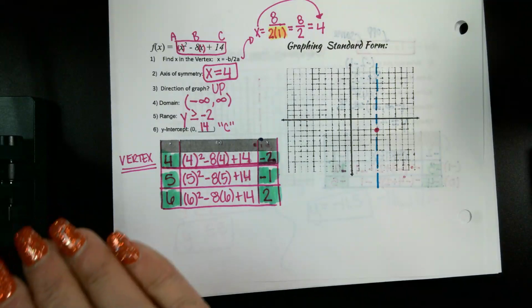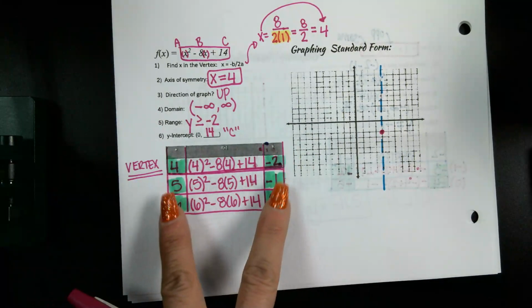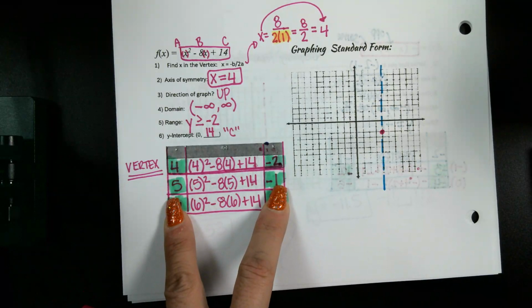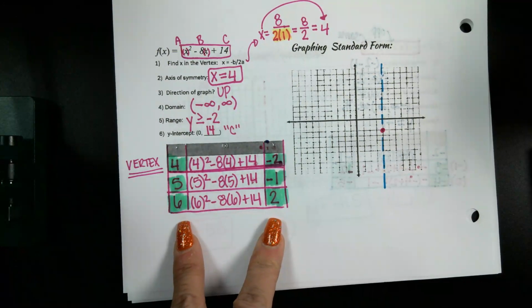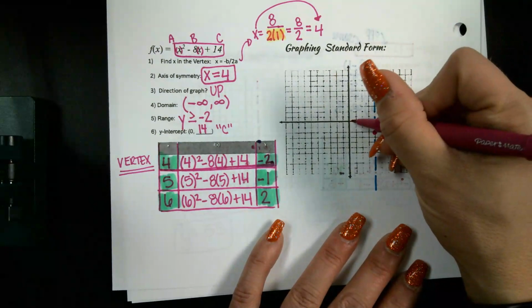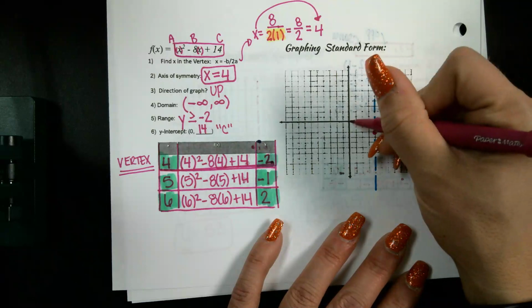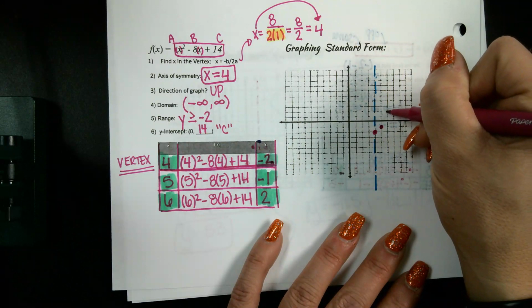Whenever you guys have your T-chart filled in, then you're going to plot 5, -1, and you're going to plot 6, 2. Let's see, 5, -1, 6, 2.